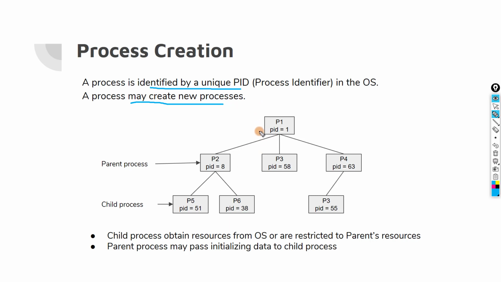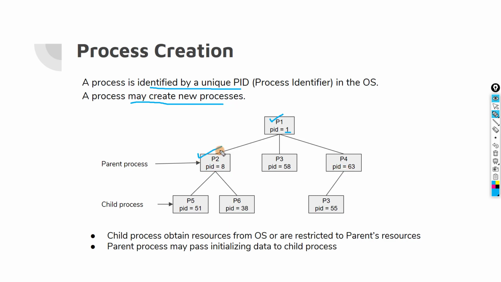Here's an example. This is a process P1 whose PID is 1, and it can create multiple children of its own. Here we can see that P1 has created 3 children: P2, P3 and P4, and they have unique identifiers, unique PIDs.